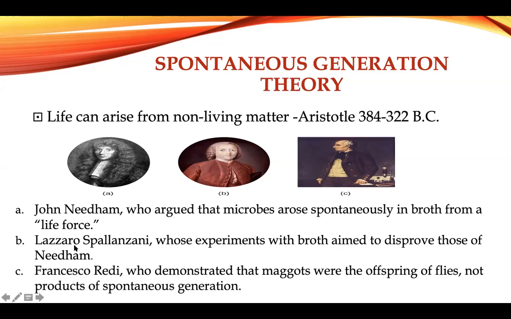One of the scientists, John Needham, so from John Needham on, we are talking about after the microscope, okay? So we have seen the cell, both the plant cell and animal cell, under the microscope. So now we know about the existence of microbes and the existence of cells.